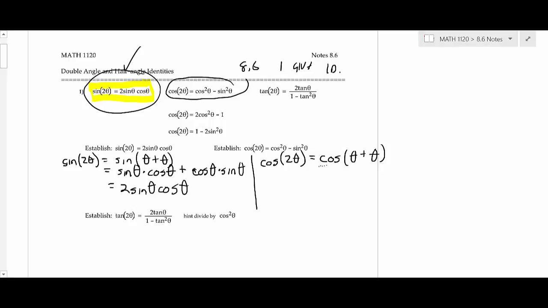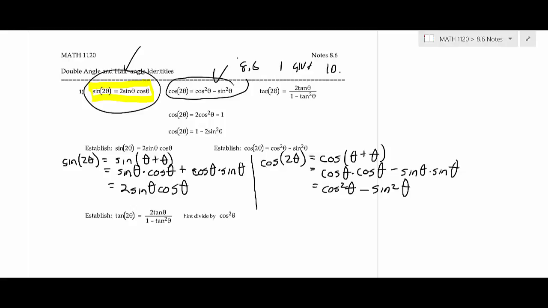So we put it in and see what comes out: cosine of the first, cosine of the second, different sign, minus, then sine of the first and sine of the second. And the identity is staring you right in the face. What's a cosine times a cosine? Cosine squared theta. What's a sine times a sine? Sine squared theta, that's it. See how easy it is to derive those? I forget these if I don't teach a class in a long time, but I remember how to put these things together.